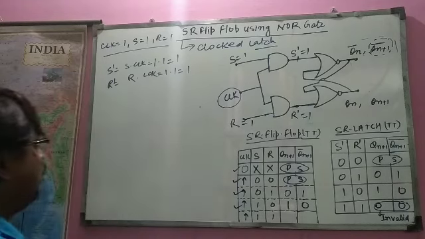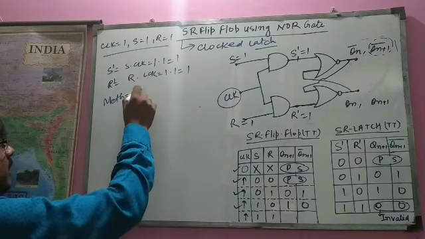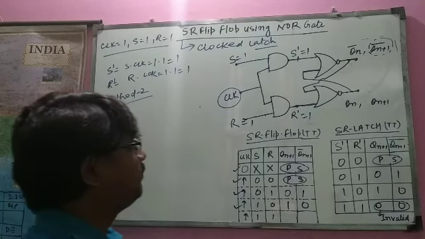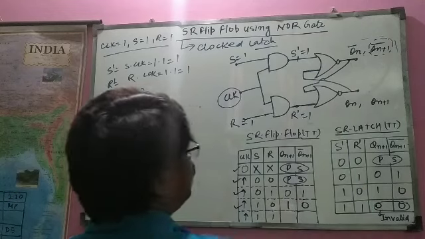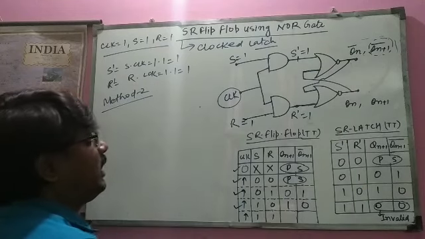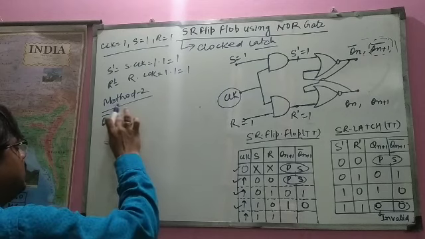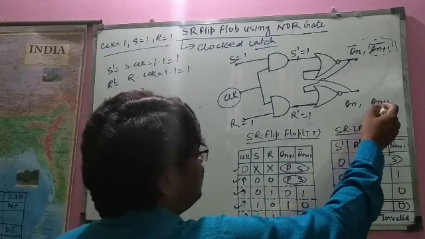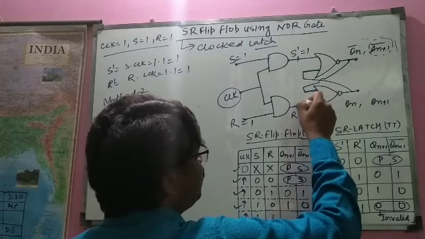So we will go to method 2. We just want to learn why it is coming 0 0 or 1 1. Let us suppose this is 1 and this is also 1. What will be the output? What is the value of Qn plus 1? It will be the function of this input and this input.